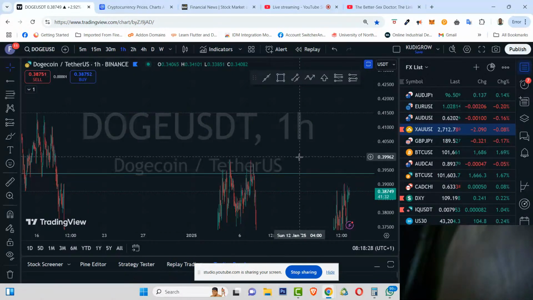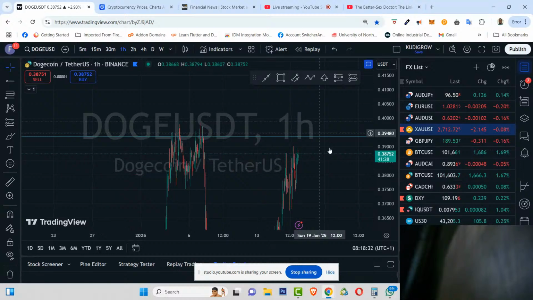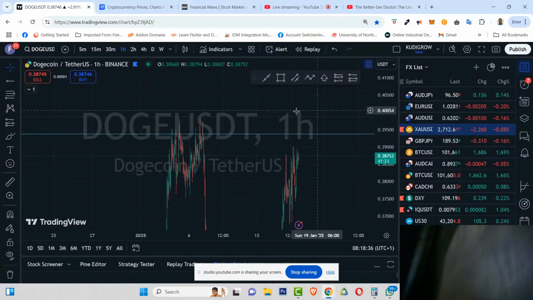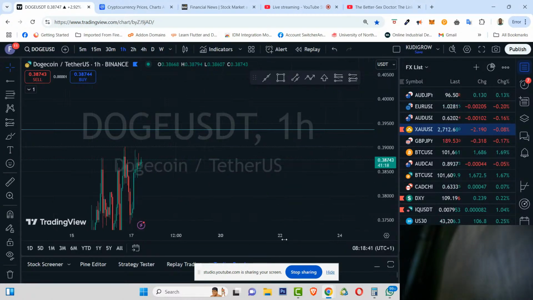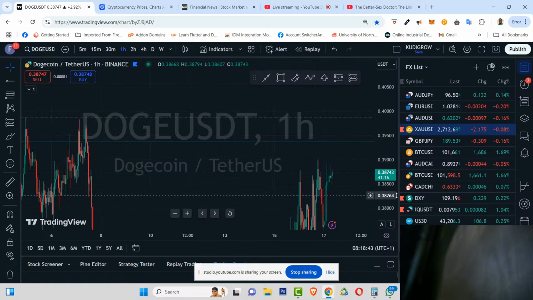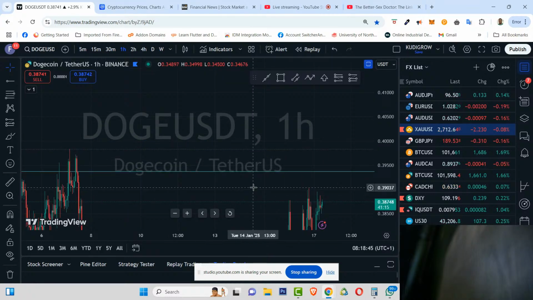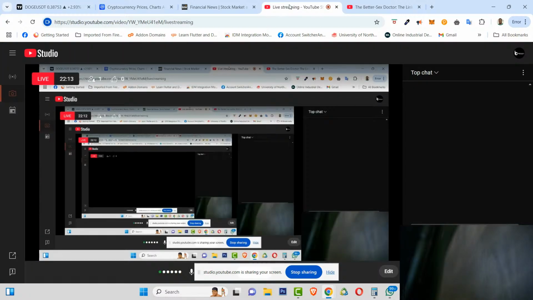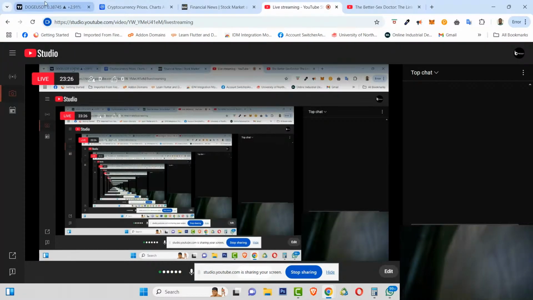So if you want to partake in what Doge has to offer, maybe you can enter at this price. If you see any daily candle that closes above 0.395, the next candle that breaks the high should actually be your entry for Doge. All right, that's it.